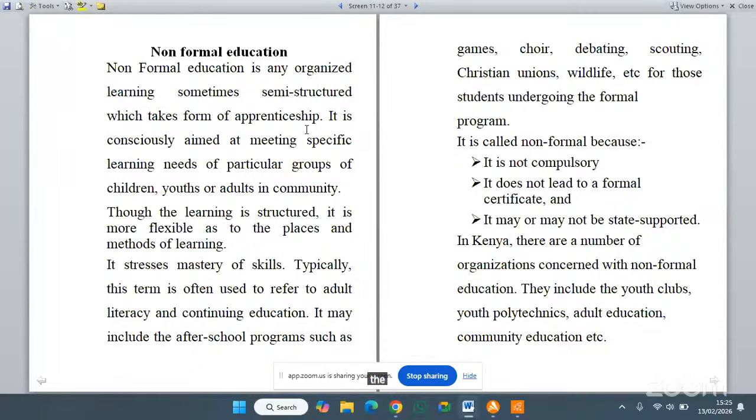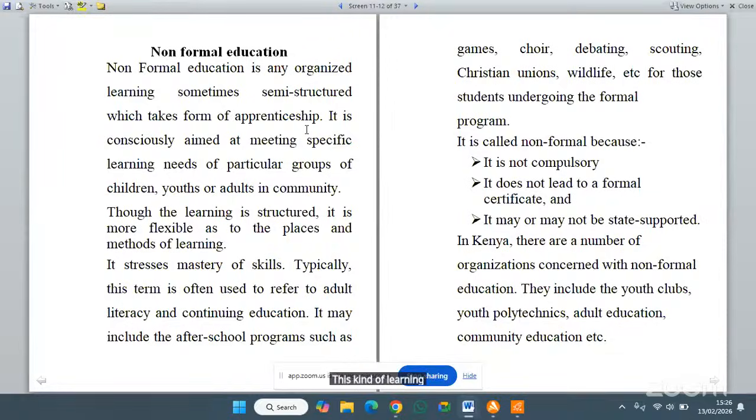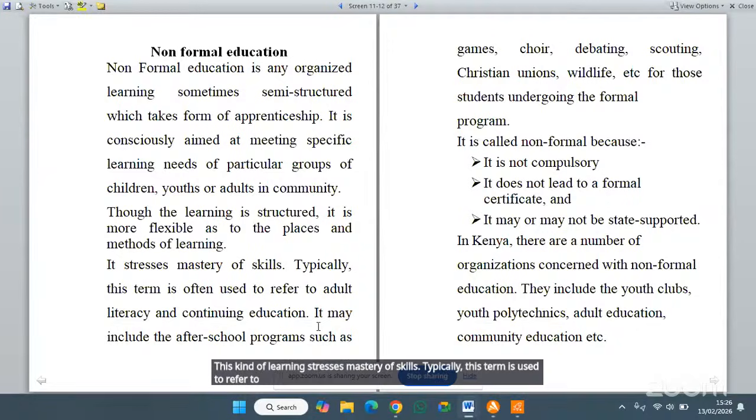So the learning is structured, but it is more flexible as to the places and methods of learning. This kind of learning stresses mastery of skills. Typically, this term is used to refer to adult literacy and continuing education.